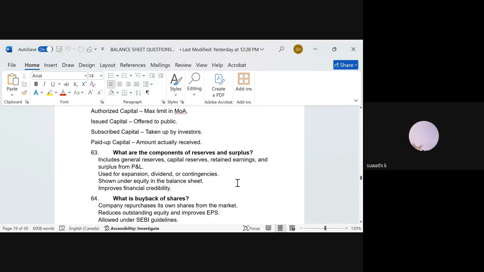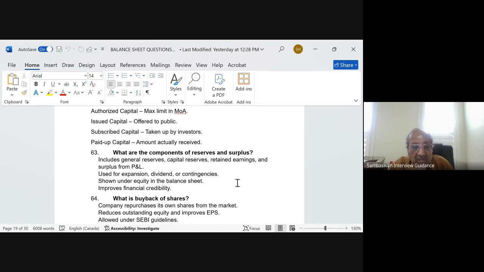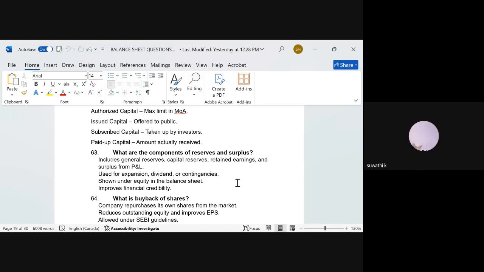What are the components of reserves and surplus?